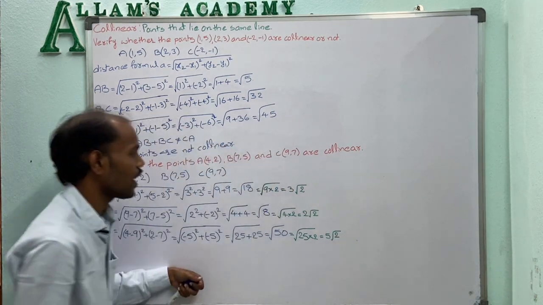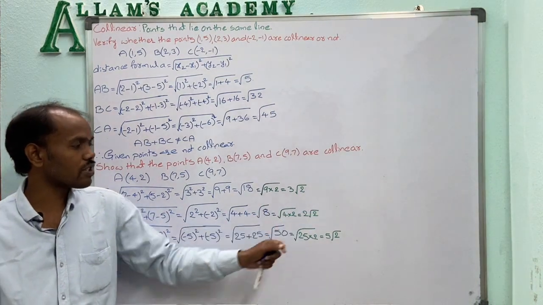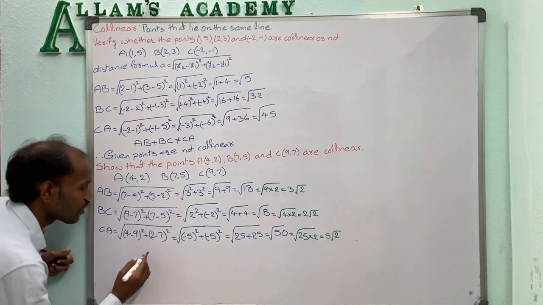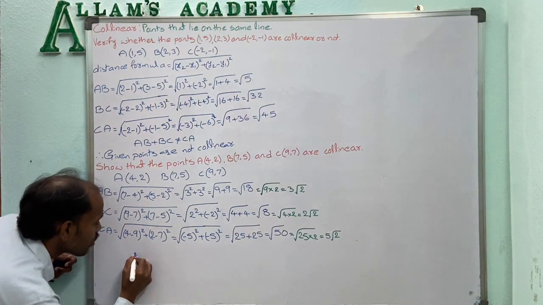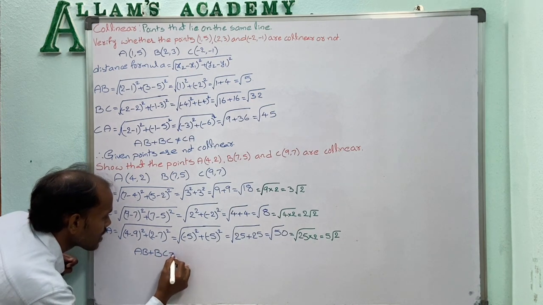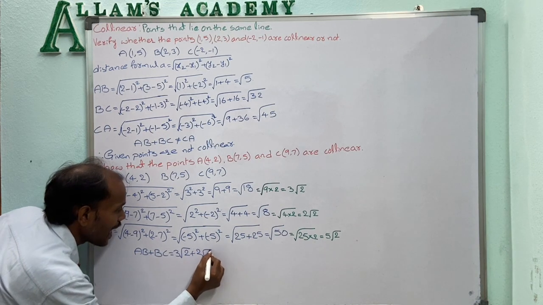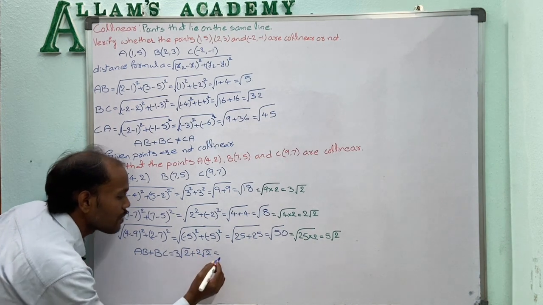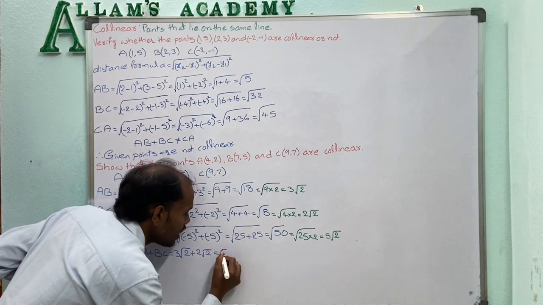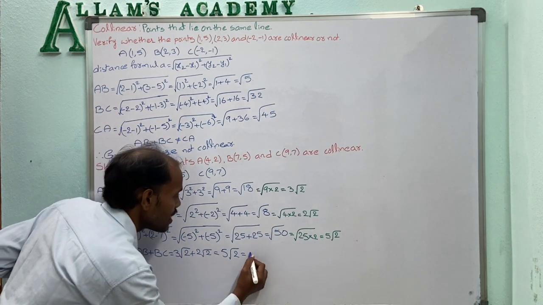Now if we observe AB plus BC, that is 3 root 2 plus 2 root 2, which is nothing but 5 root 2, and that equals CA. They are like terms, so we directly add the coefficients: 3 plus 2 equals 5, that is 5 root 2. 5 root 2 is nothing but CA.